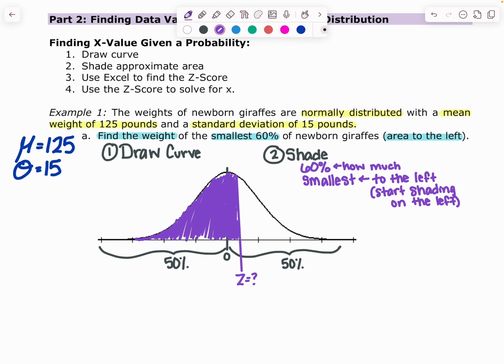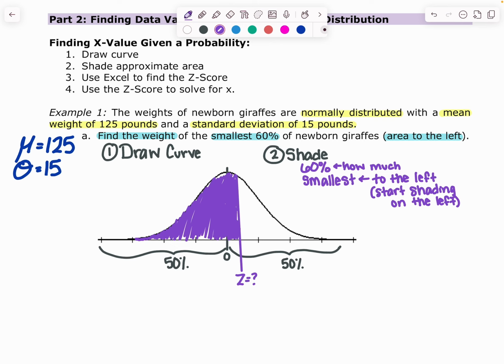So to me, this looks like roughly 60% of my curve. It's not perfect, but I know that 50% would get me to the middle line, and I needed 10% past that. So I went just a little bit further. If you remember the empirical rule, from the middle to 1 standard deviation, that was 34%.